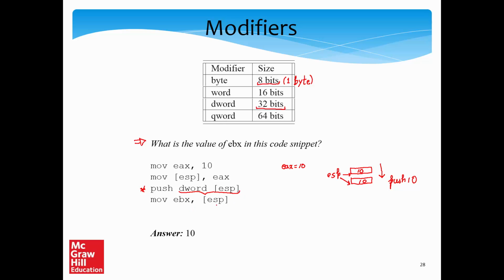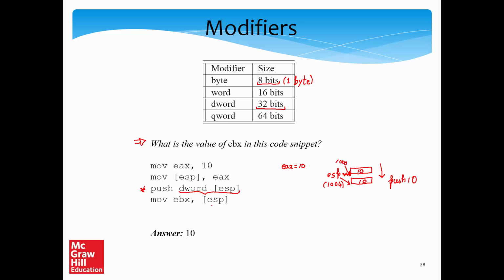Subsequently, the next instruction. So now what is the current status? The current status is that the stack pointer points to this location, which is the next location. So let's assume that the previous memory address of the stack pointer was 1000. So the current memory address of the stack pointer is 1004.